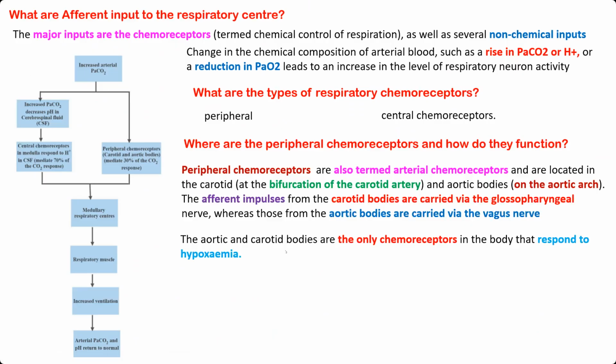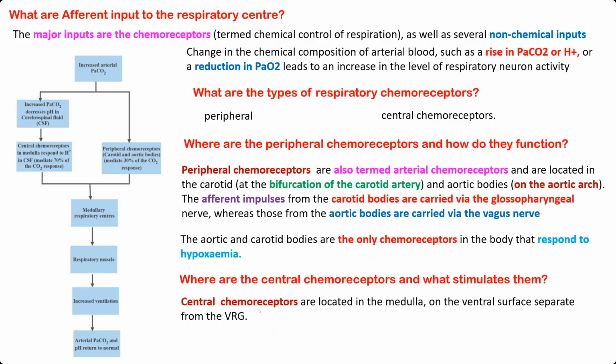The aortic and carotid bodies are the only chemoreceptors that respond to hypoxemia, whereas the central chemoreceptors will not respond to that. They respond to hypercapnia. The central chemoreceptors are situated in the medulla, very close to the ventral surface of the VRG, and they are stimulated by a drop in cerebrospinal pH.